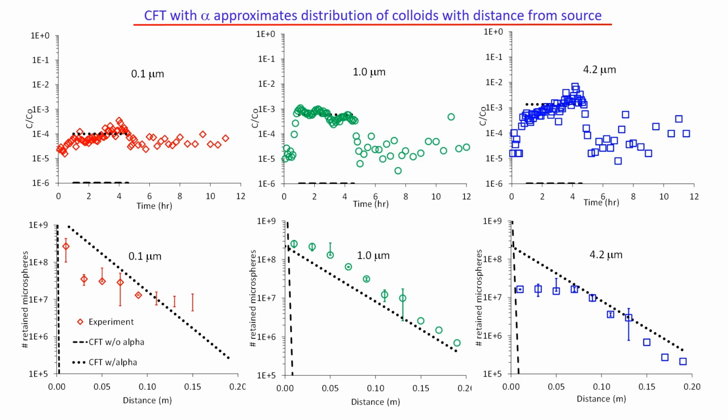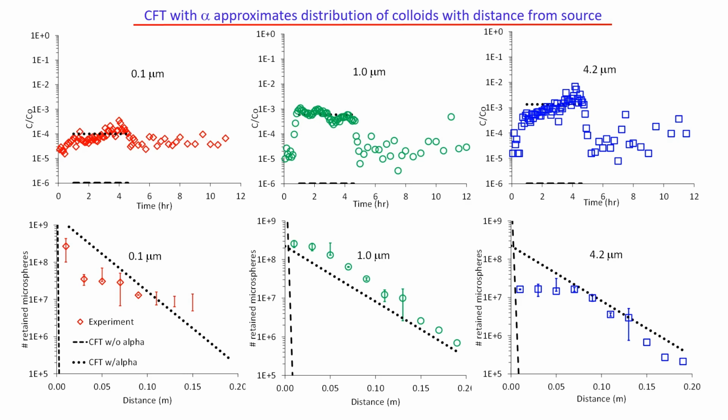And what you'll see is that the data shown in the symbols is not described well by classic filtration theory in the dashed lines. Classic filtration theory predicts much more retention, both in the breakthrough, much lower breakthrough, and much more retention at the inlet of the column than is observed in experiments. And in fact, in experiments, we see a much higher breakthrough and distribution across the length of the column.